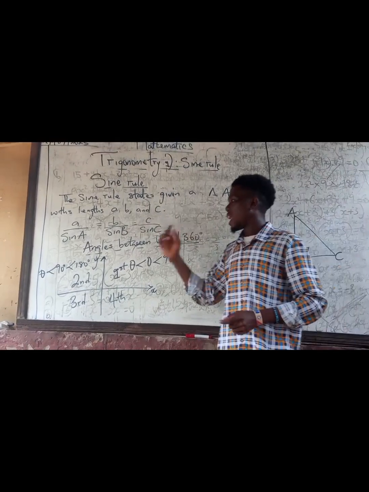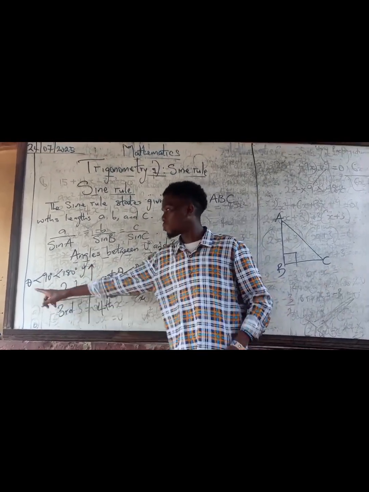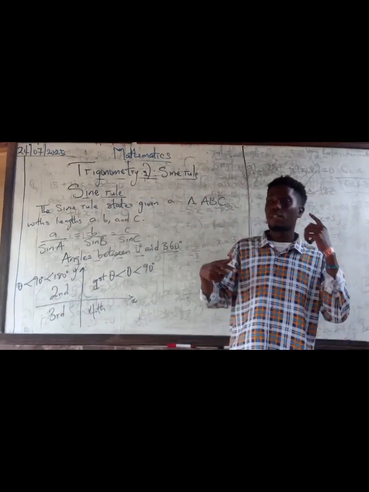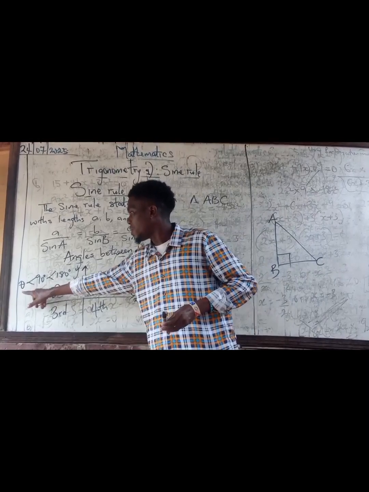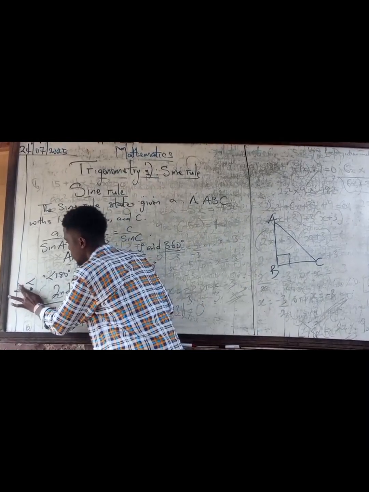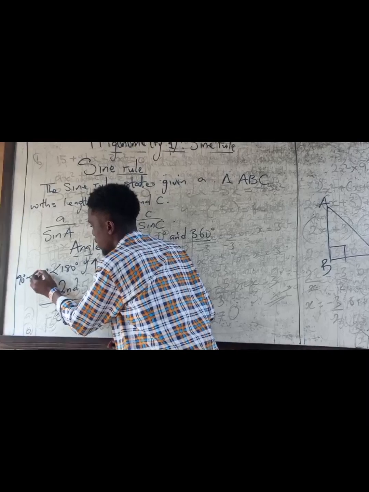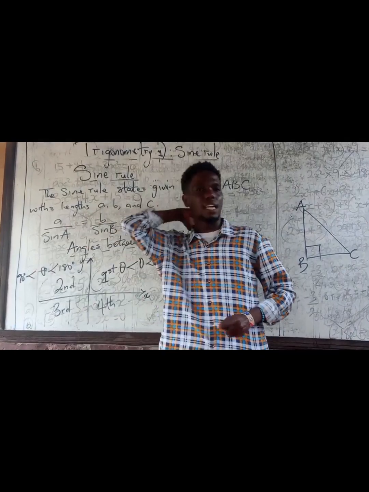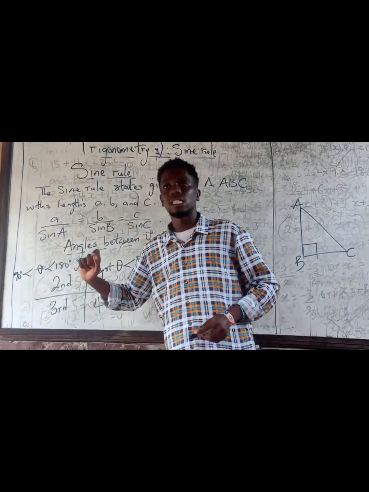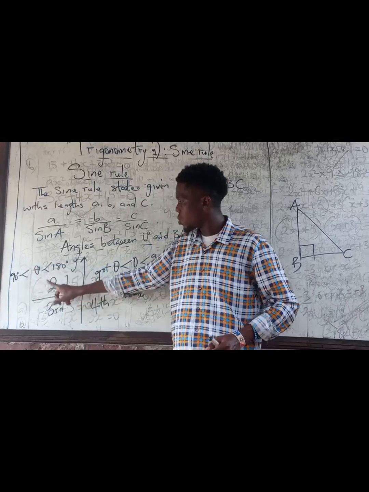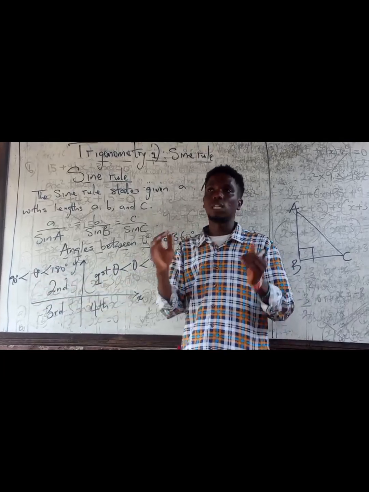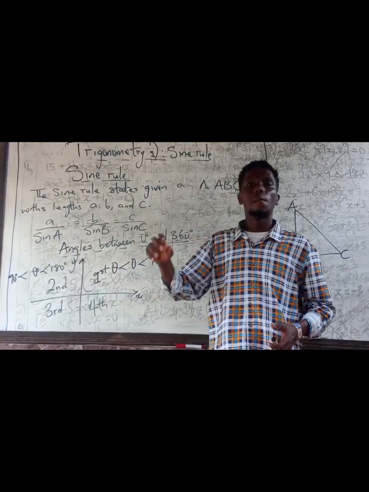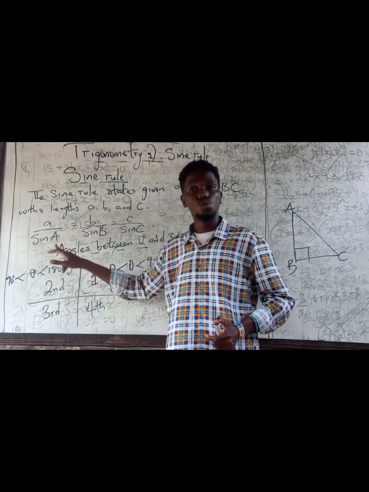This simply means any angle that falls in the second quadrant must be greater than 90 degrees, and theta also is less than 180. So it falls between 90 and 180. Any angle in the second quadrant must be from 90 to 180.